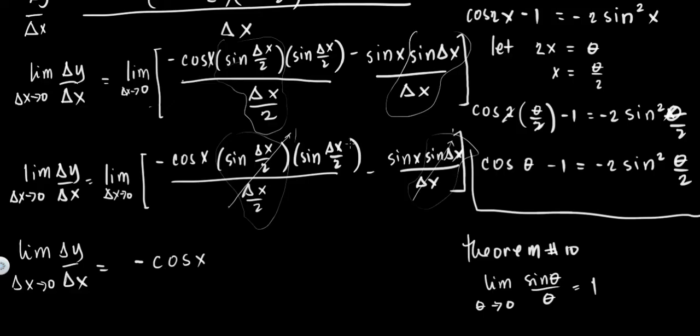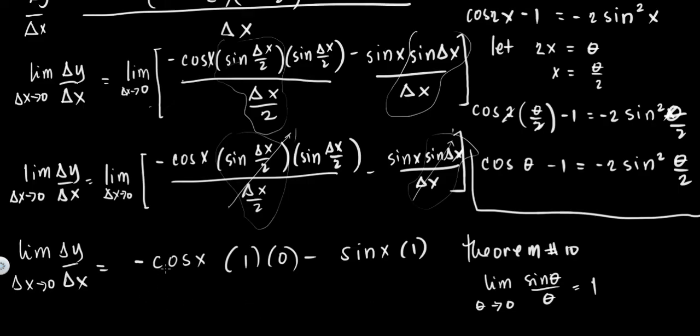Here, we have sine 0 over 2. That is 0. Okay, ito, pwede mong isulat para makita mo that the limit of delta x over 2 over delta x over 2 is 1. Theorem 10, no? And sine delta x over 2 is 0. Minus the limit of sine delta x over delta x is 1. So, this is sine x times 1.